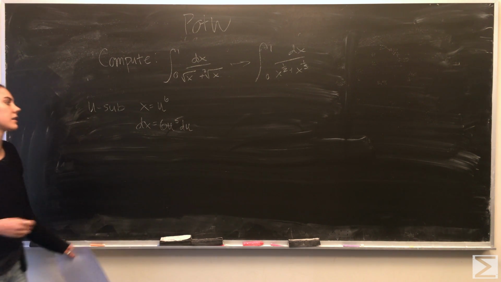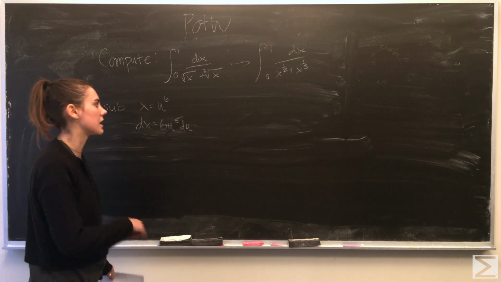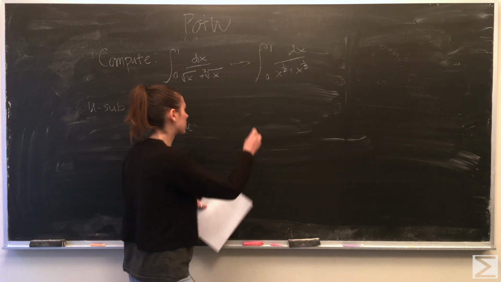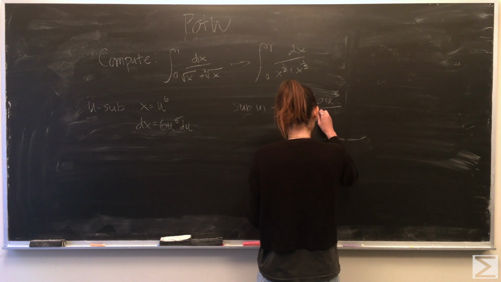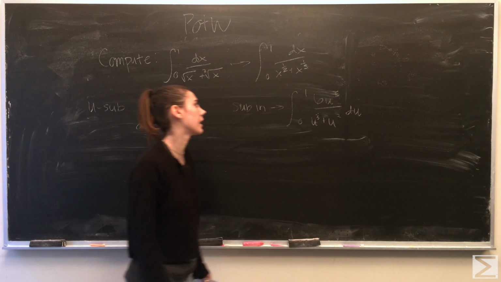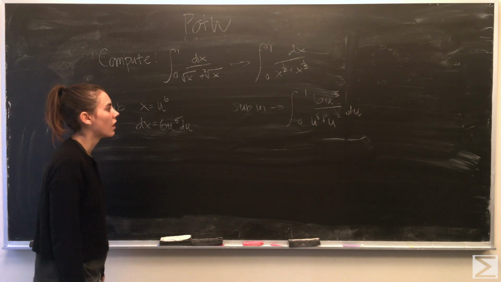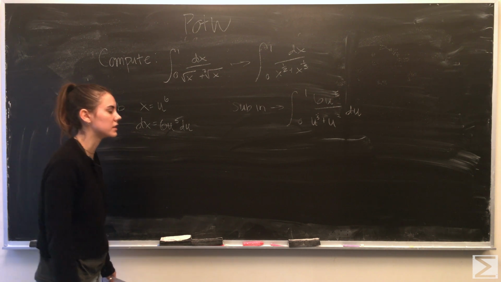So using x as u to the 6th and dx as 6u to the 5th du, what we can do is substitute those in, and it'll help us solve this integral. So what we get is the integral from 0 to 1 of 6u to the 5th over u cubed plus u squared du.